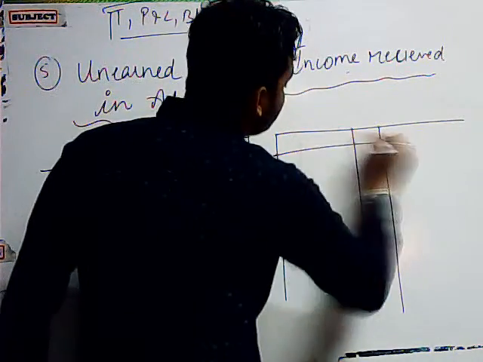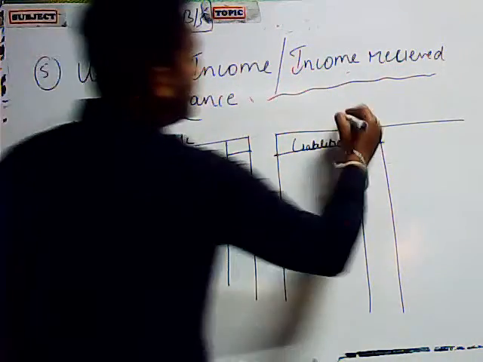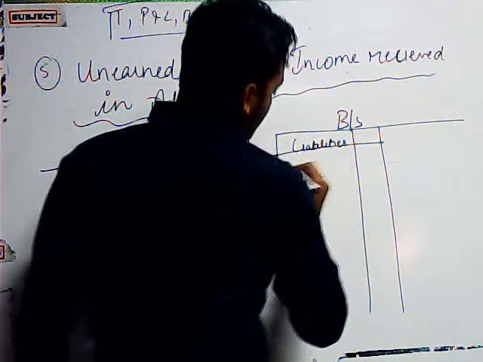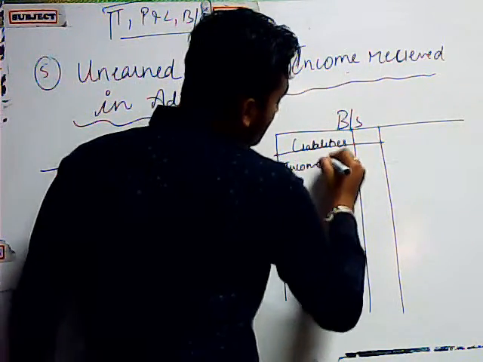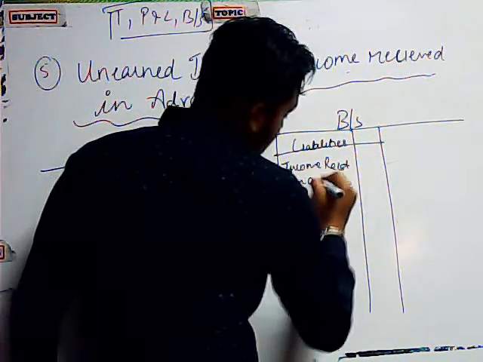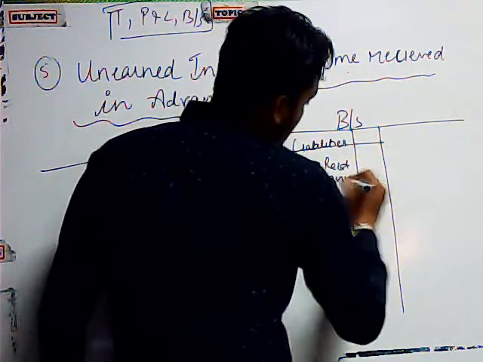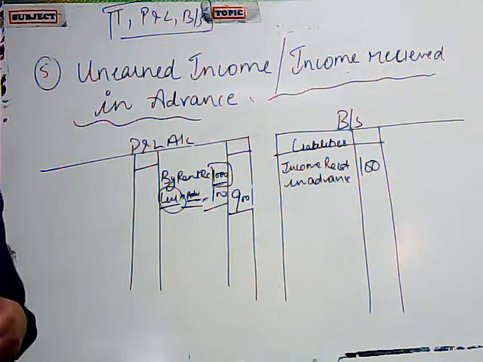So under the balance sheet, on the liability side, you have the item income received in advance or unearned income. The value is 100 rupees. Okay, clear?